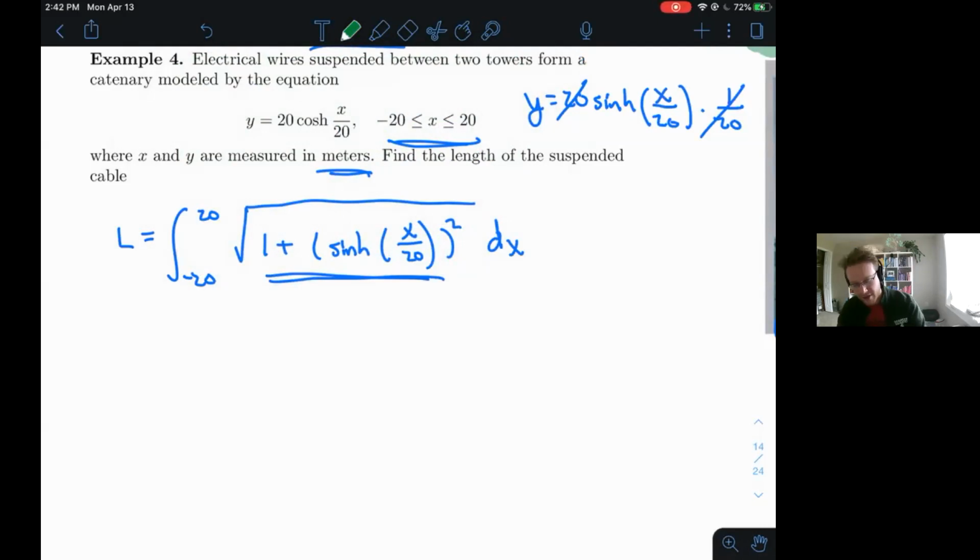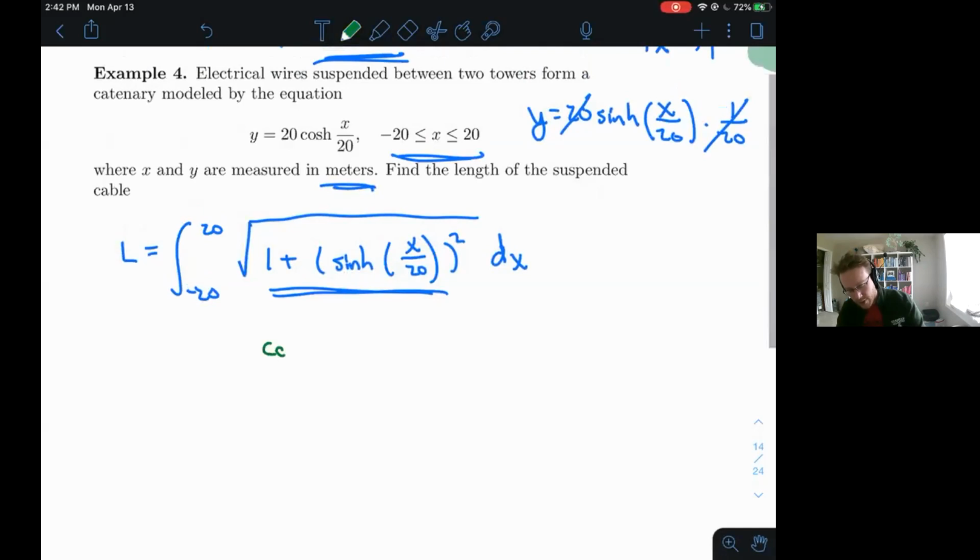So yes, the big thing is that you can use one of the fundamental equations with hyperbolic sine and hyperbolic cosine: hyperbolic cosine squared minus hyperbolic sine squared is equal to 1.